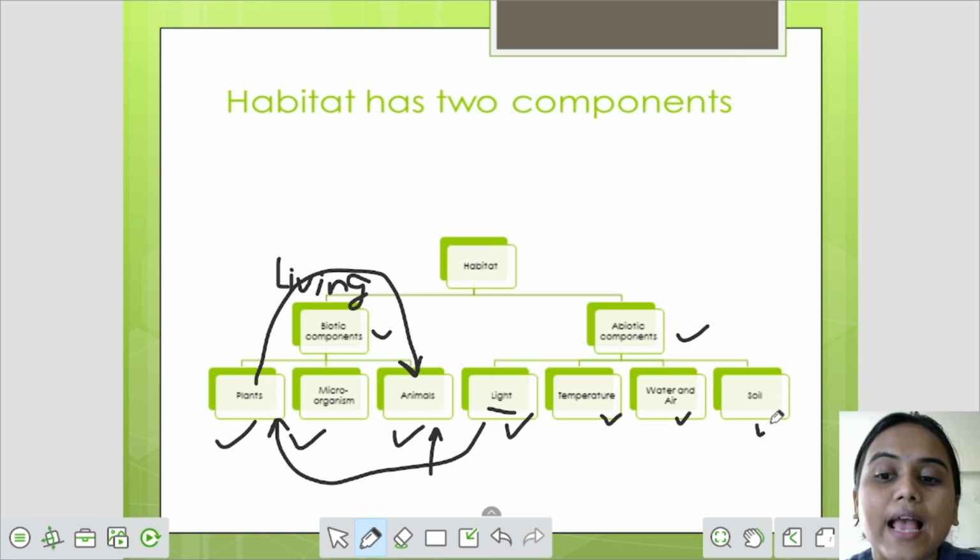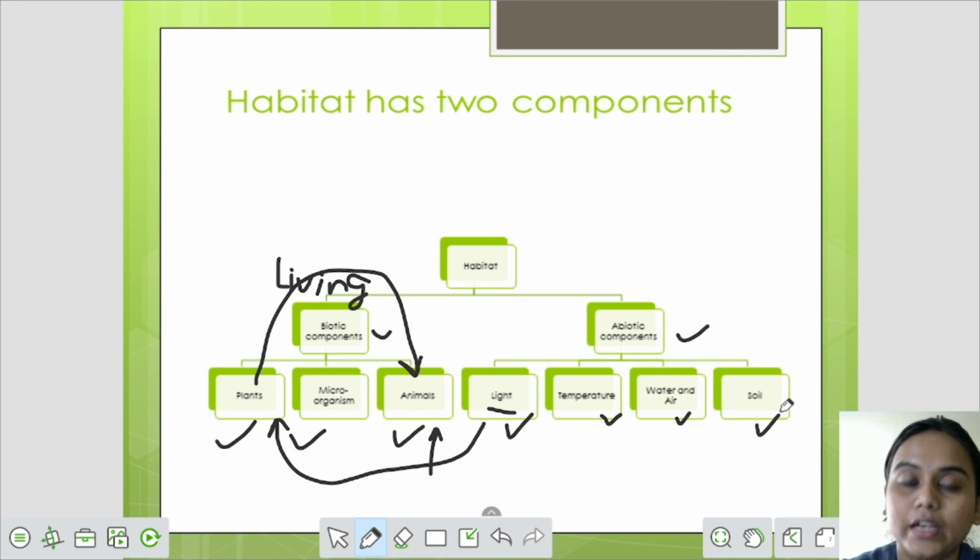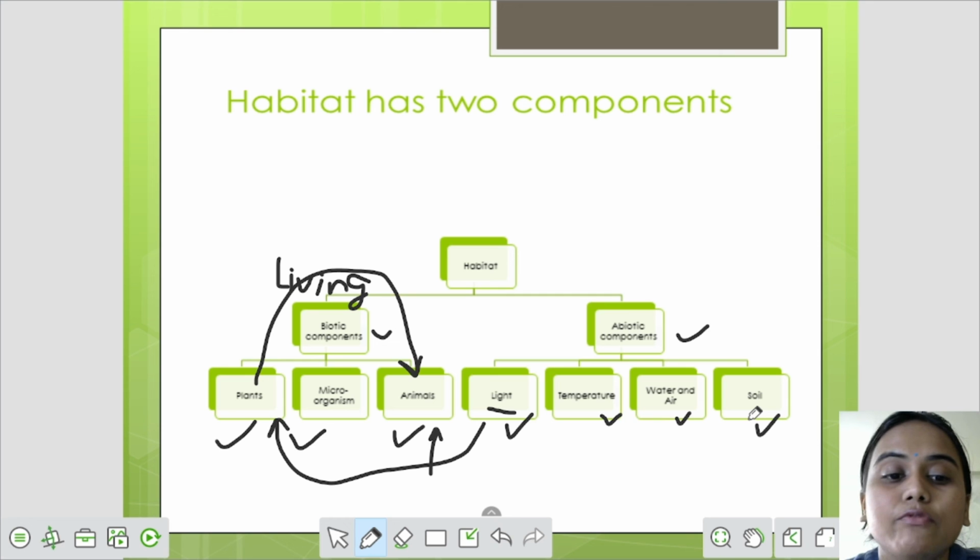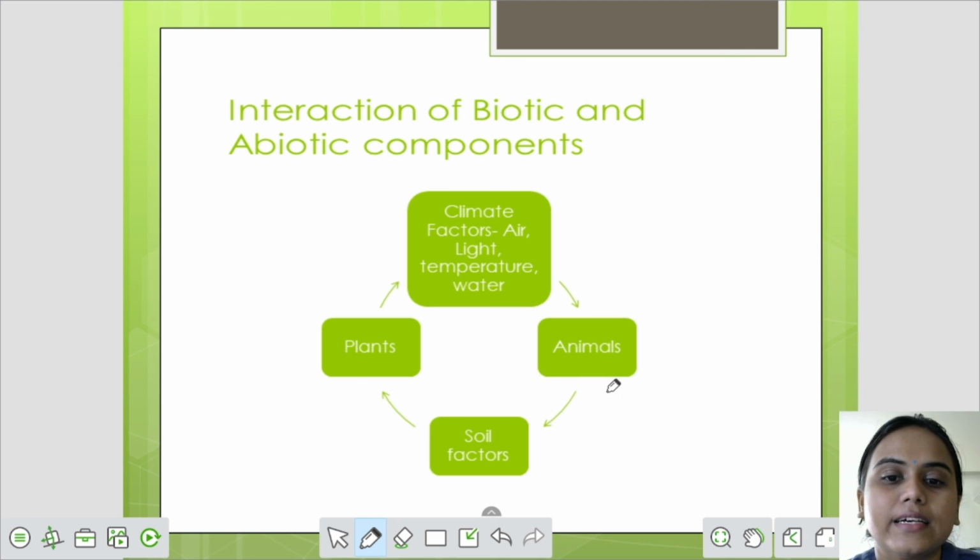Now soil is also very important. How come? To grow plants we need different types of soils, like black soil, alluvial soil and red soil. Various kinds of soils are needed by different plants for their survival. Plants depend on soil, and we depend on plants. This is how the cycle goes on, and everything is linked.